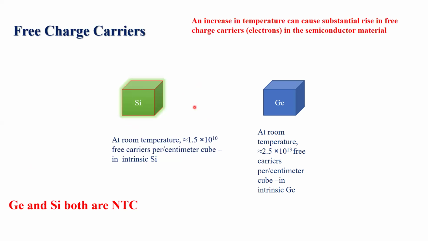In other words, the resistivity of these materials decreases because of the temperature rise. Both germanium and silicon are said to have a negative temperature coefficient of resistance. On the other hand, we know already that in a pure conductor, a rise in temperature cannot increase the number of free charge carriers substantially.